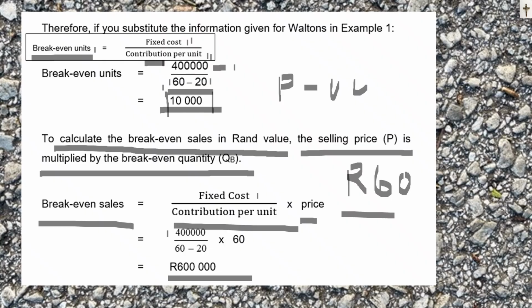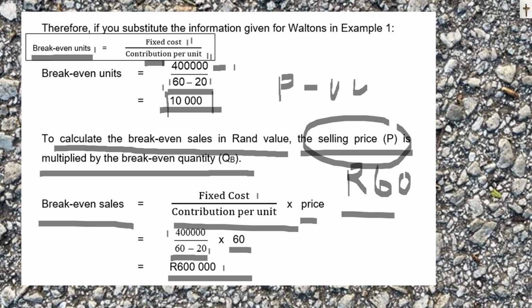The fixed cost from our example is 400,000 over the contribution per unit, which was 60 Rand, the selling price, less 20 Rand, the variable cost, multiplied by 60 Rand, which is the selling price, and that is equal to 600,000.